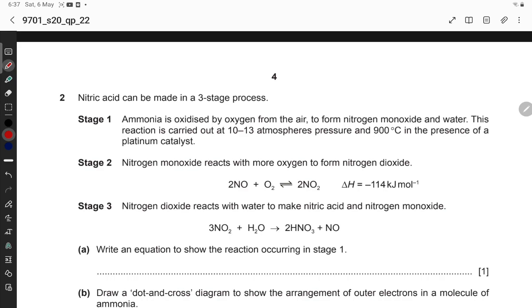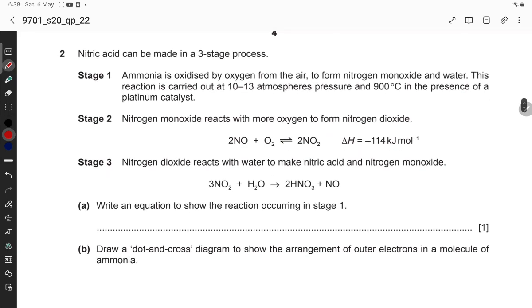Write an equation to show the reaction occurring in stage 1. Ammonia is oxidized by oxygen from the air to form nitrogen monoxide.